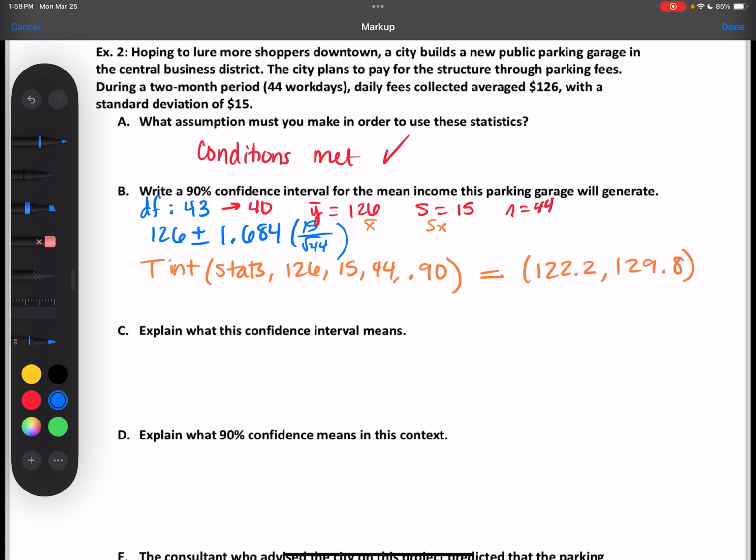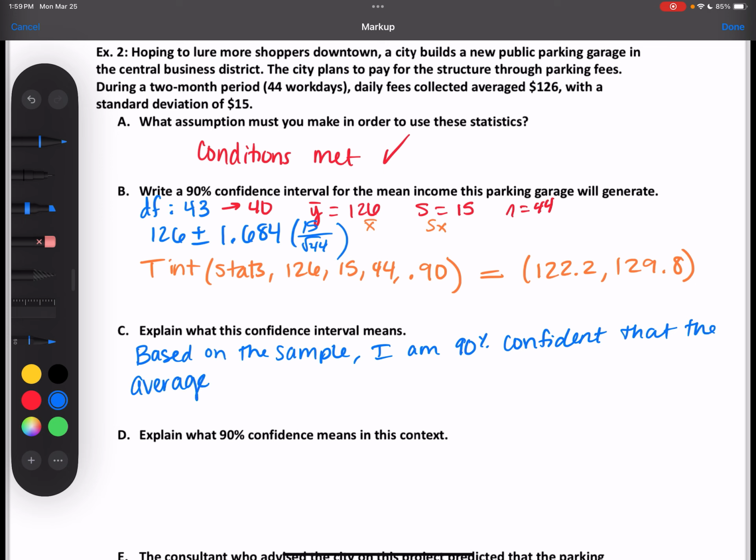So based on the sample, I am 90% confident that the average daily revenue for the garage will be between $122.20.